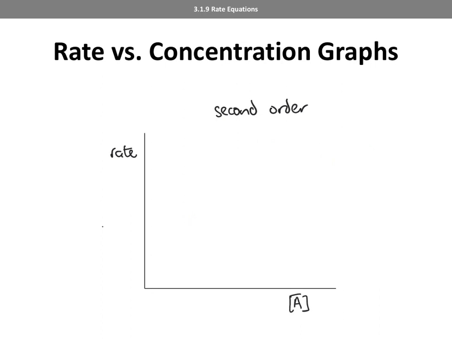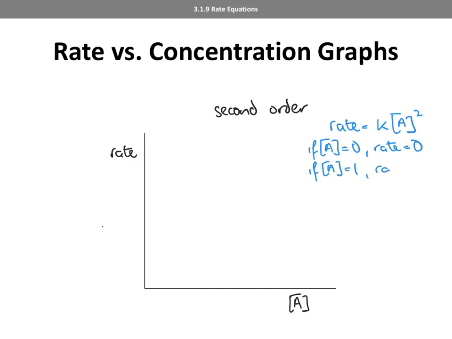Finally, we have the second order rate versus concentration graph. Again, going to use the rate equation. Our rate equals K, and then it's second order, so it's A squared. Let's imagine the concentration is 0. That means the rate equals 0. So we know we're going through the origin again. If the concentration of A equals 1, then the rate equals K. If the concentration of A equals 2, then the rate equals 4K.